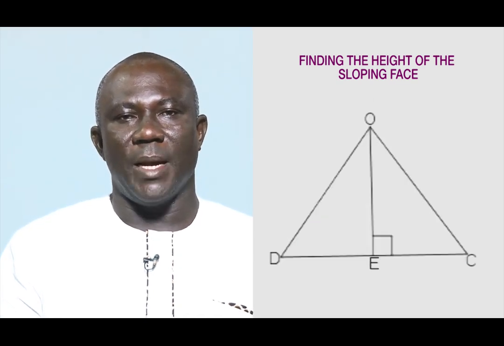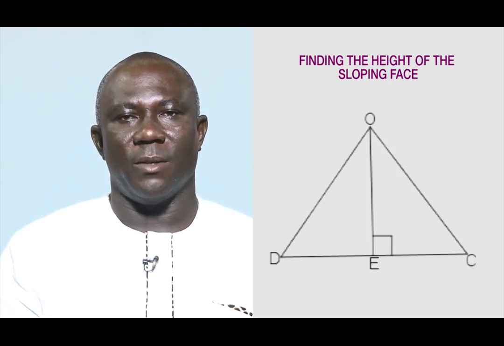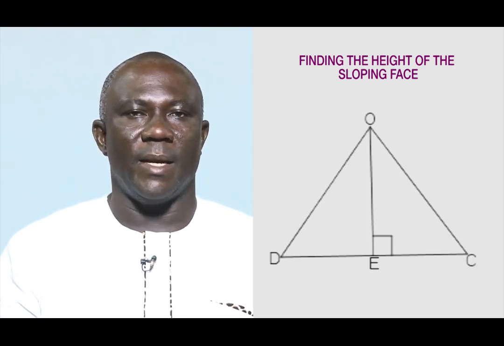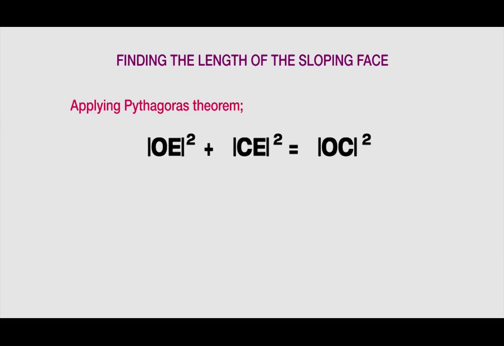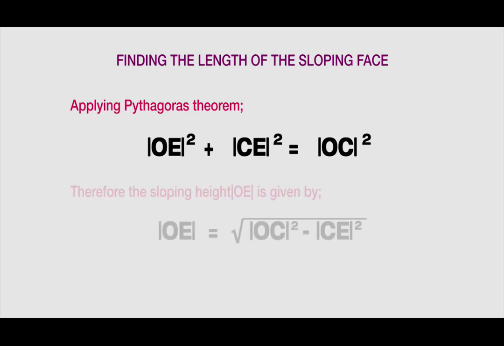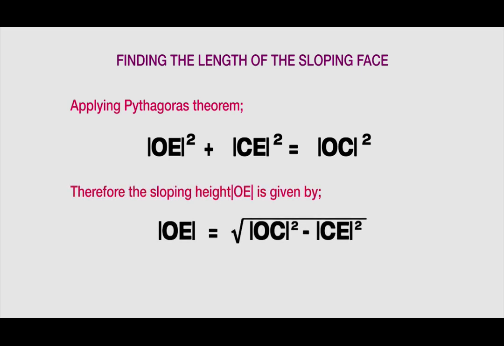OE is the sloping height, and considering triangle EOC, which is a right angle triangle, we apply the Pythagoras theorem, and that gives us the length of OE squared plus the length of CE squared to be equal to the length of OC squared. Therefore, the sloping height OE is given by the length of OE equals square root of OC squared minus CE squared.